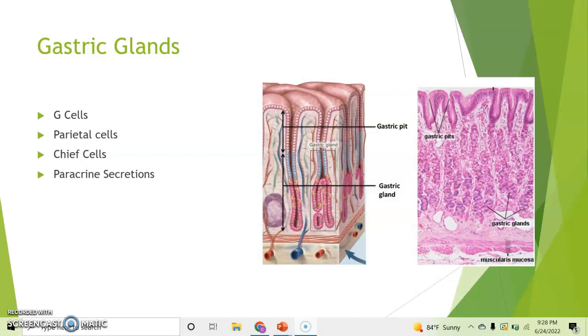You can see in this picture the gastric pits here and the gastric glands lined up on those pits. And the pits increase surface area to allow for more digestion. And then this is just a histological image of the gastric pits up here and the different gastric glands.